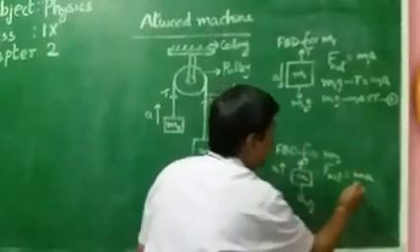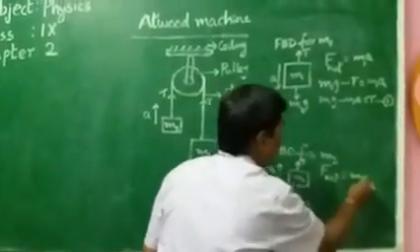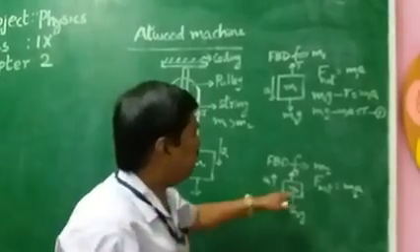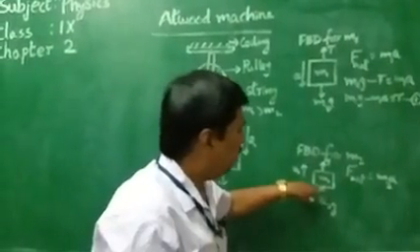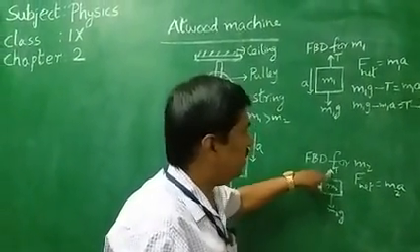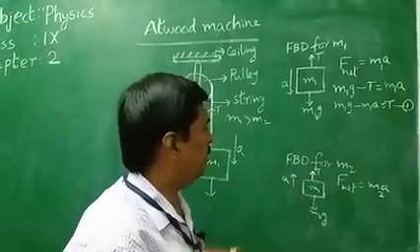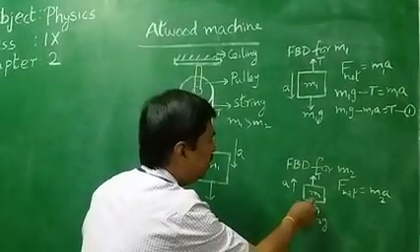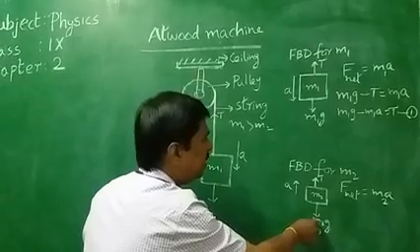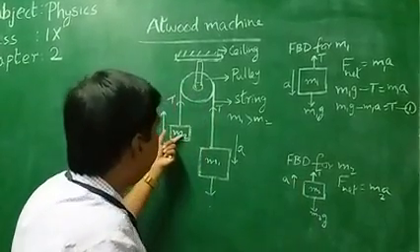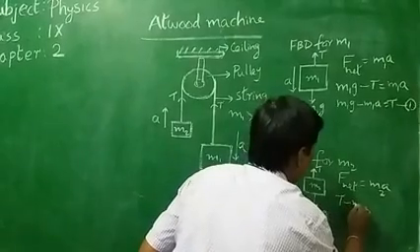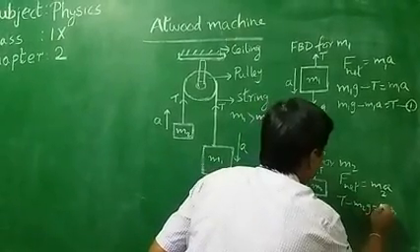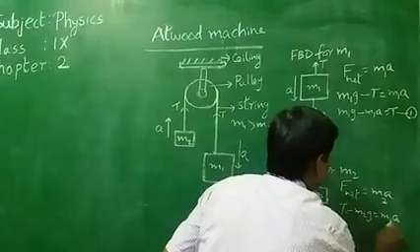Here the mass is M2, so we get M2 into A. There are two forces acting here: one is the weight of the block, and the other is the tension. You know very well that M2g is less than the tension, so it is accelerated in the upward direction. So we get T minus M2g is equal to M2A.